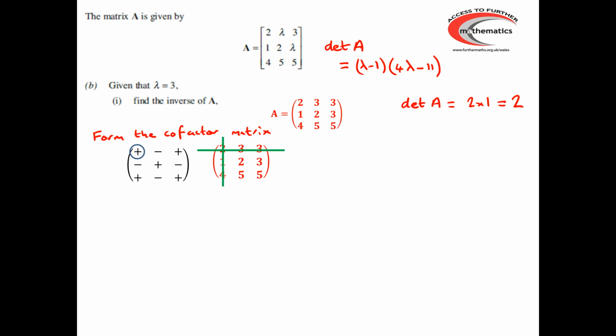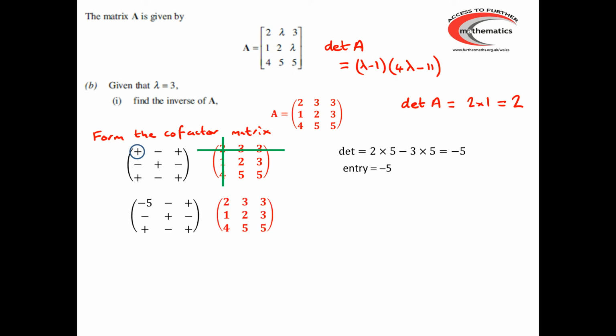The determinant of what is left is 2 times 5, take away 3 times 5, so that is minus 5. In the grid matrix we've got a plus sign there, so the entry is the same as the determinant value. So in this case the entry is minus 5.